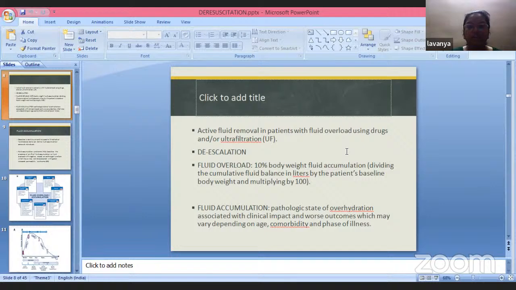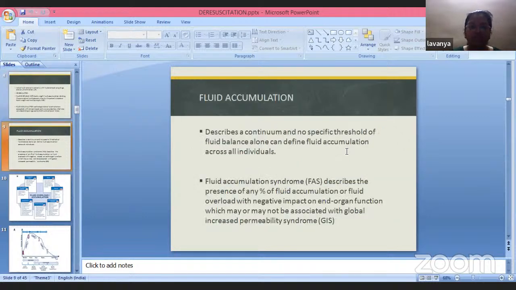Fluid accumulation is defined as a pathologic state of overhydration, which is associated with clinical impact and worse outcomes, affecting the organs actually. This may vary with multiple factors, that is age, comorbidities, and phase of illness. So whenever there is accumulation of fluid, do we think that intravascularly also there is hypervolemia?